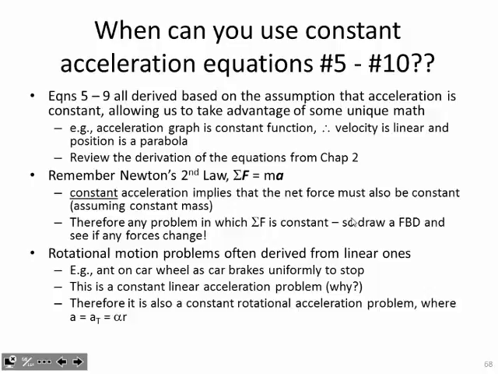Uniform circular motion, the acceleration is 0, because you have constant speed. So technically that's constant acceleration of 0, which is sort of the moot case. Another real life example: when something's speeding up at a constant rate to come up to speed, or slowing down.